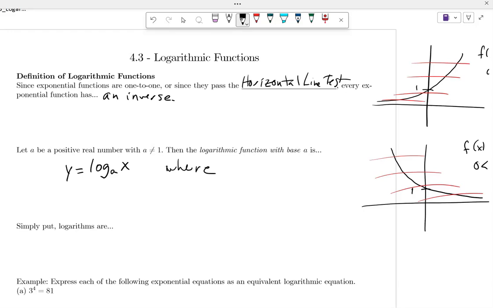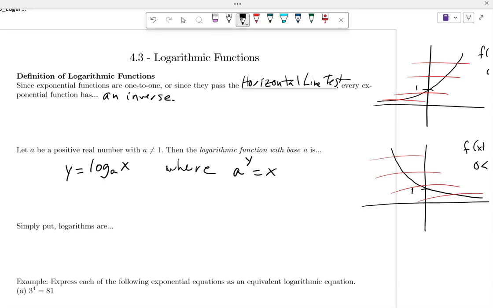So if I think about flipping that around, my exponential function would be a to a power, but I need to flip around my x and y. So the input here is now the output for the exponential. The output here is the input for the exponential, right? That's what inverses do. They reverse the roles of x and y. Remember when you solve for inverse functions, the first thing you did was flip-flop your x and y? Same idea.